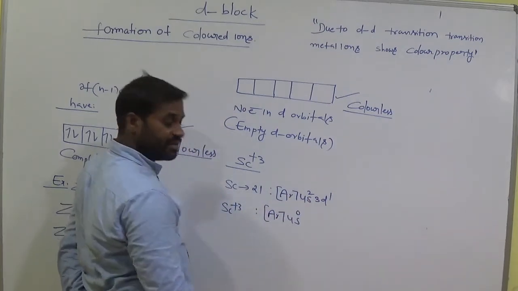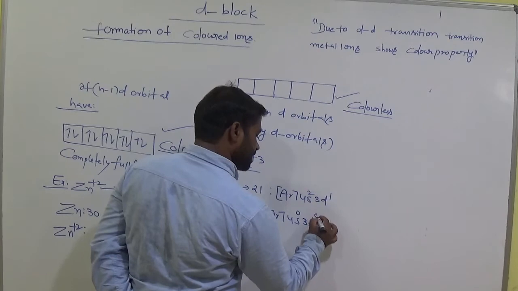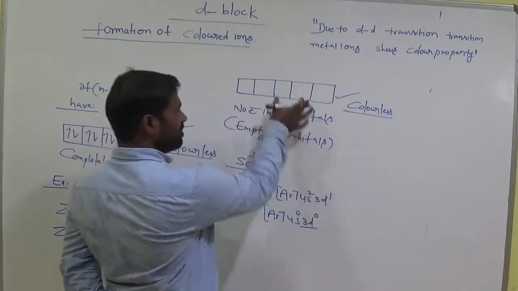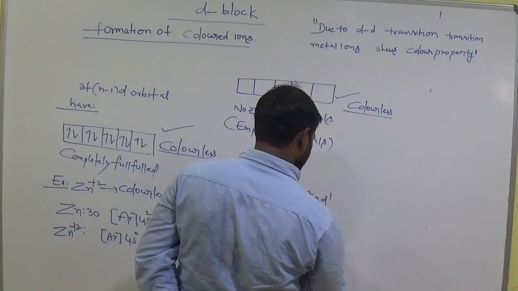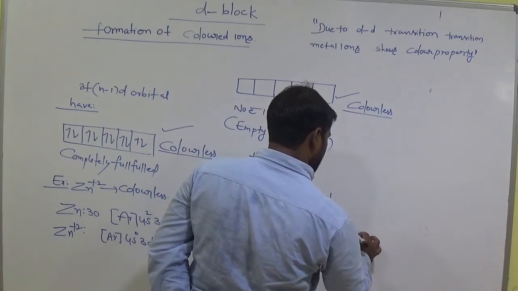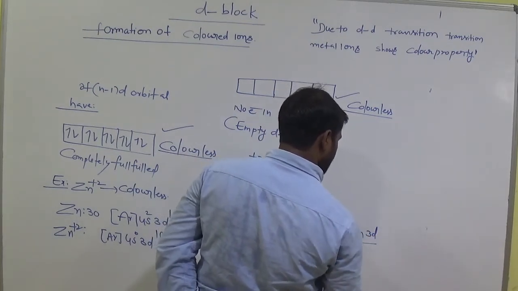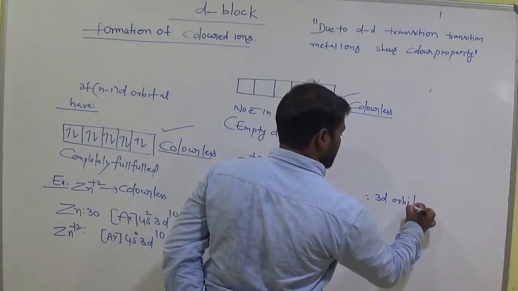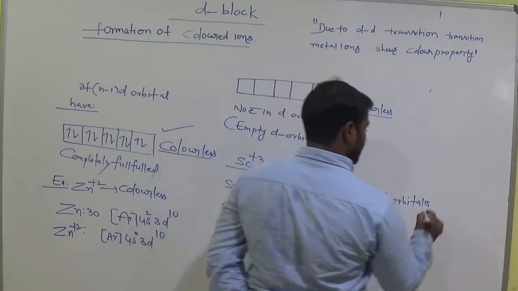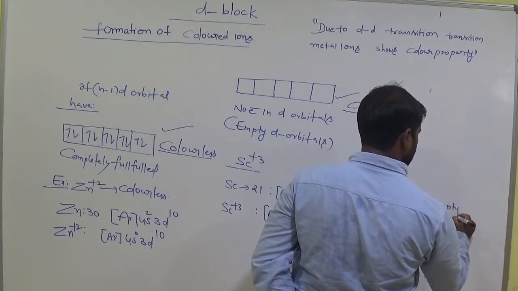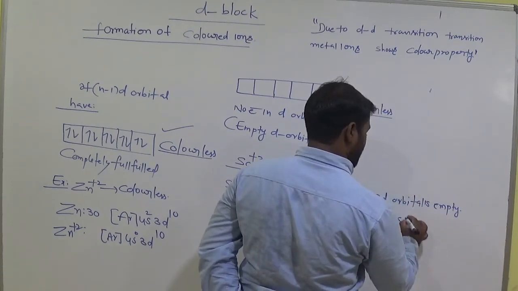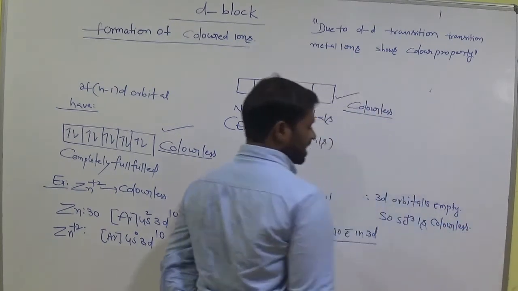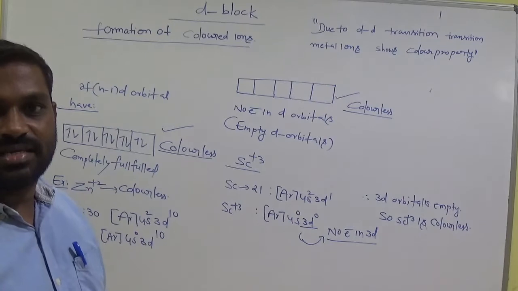And remove one more electron from d, that is 3d0. Is there any electron in 3d here? No electron in d. That is completely empty. So the 3d orbital is empty, and scandium plus 3 is colorless. Clear?